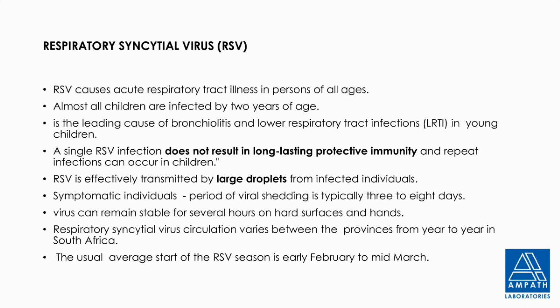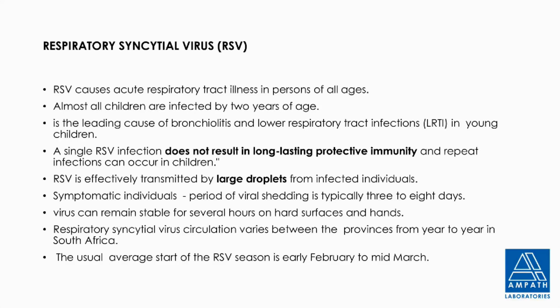So I'm just going to go quickly through your respiratory syncytial virus, just to say that it causes mild disease generally in children under the age of 5, also in adults, and most of the children by the time they're 2 years of age would have had an infection by RSV. It does not cause long-lasting protective immunity, and hence you have repeated infections.